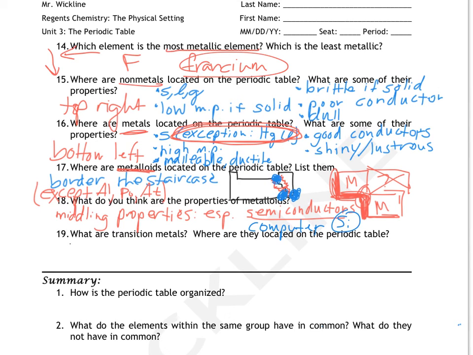And you'll find it on your periodic table. It's element number 14. And since it lies on the staircase, since it borders the staircase, like these two elements, then we also know that it has some of the properties of metals and some properties of nonmetals. And the one that it has that matters a lot is that it's a semiconductor, which means that we can use it to make computer chips.